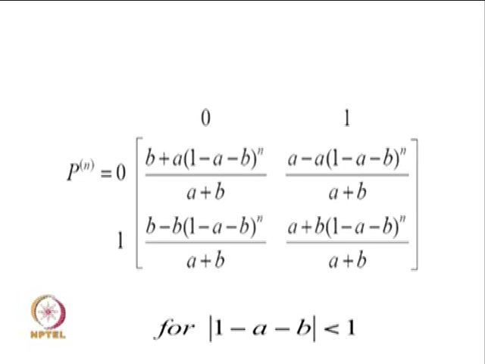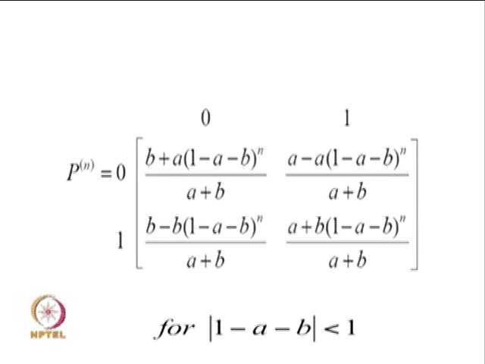I am just giving the result. The n step probability from 0 to 0 is b plus a times (1 minus a minus b) power n, divided by a plus b, and from 0 to 1 is a minus a times (1 minus a minus b) power n, divided by a plus b.